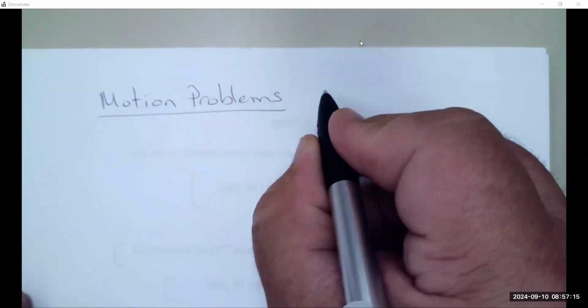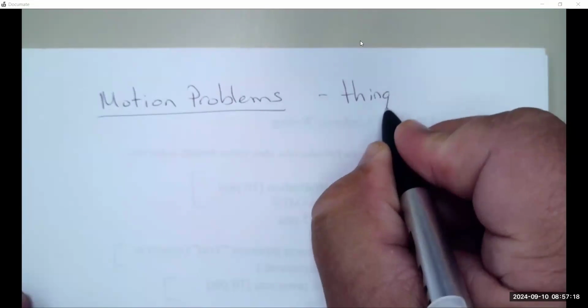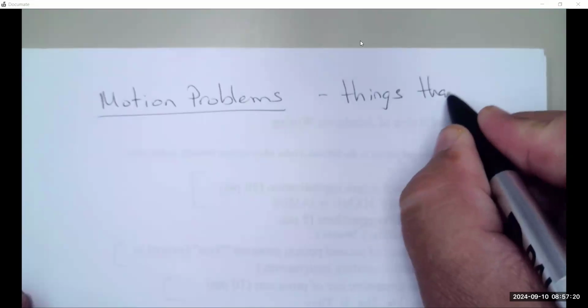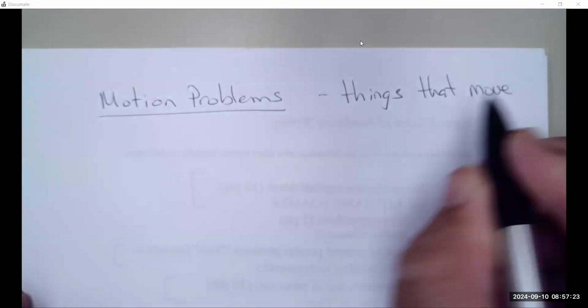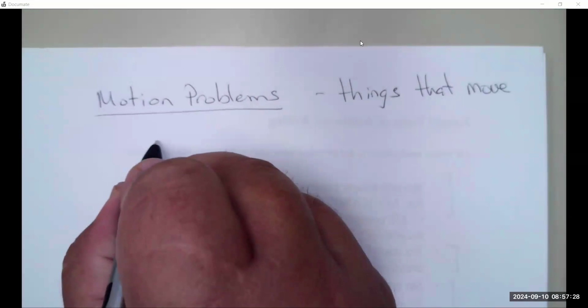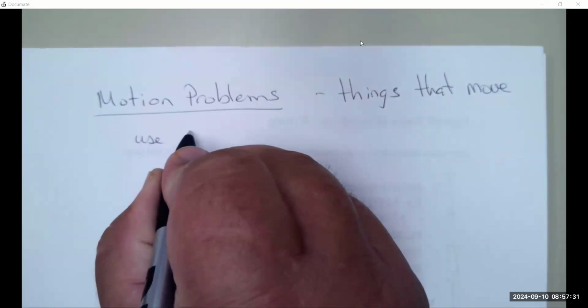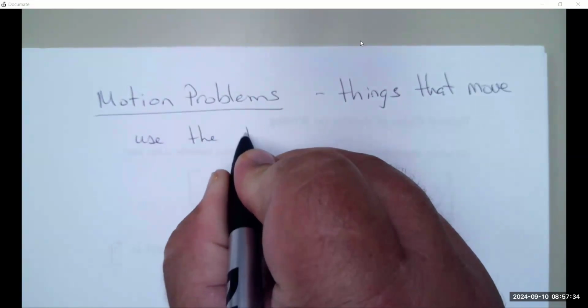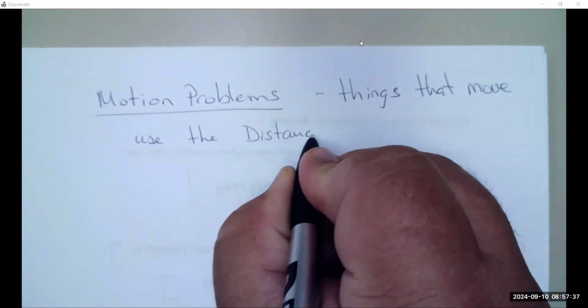All right, let's look at another word problem. Whenever you deal with things that move, we use the distance formula.